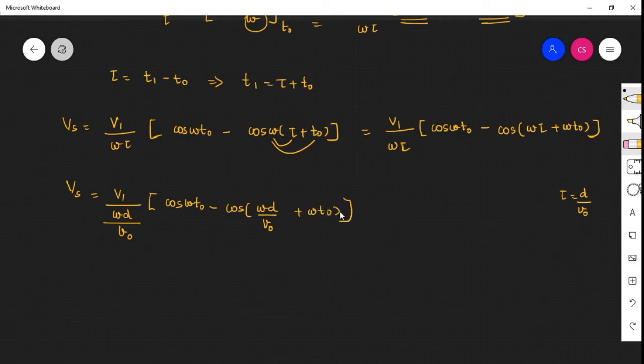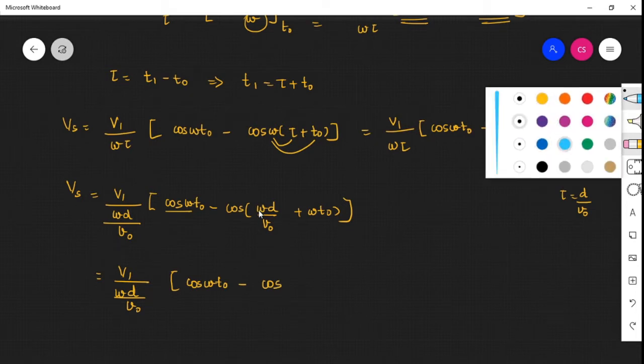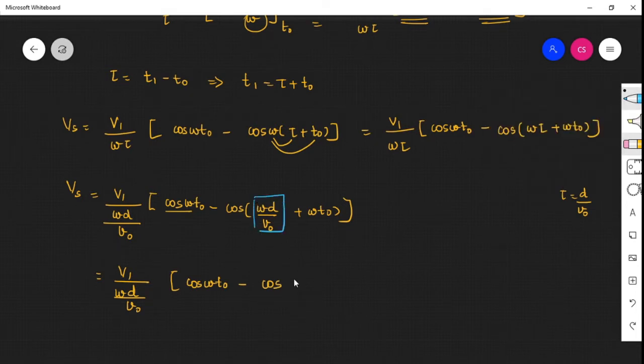Now I'm going to make a basic modification to bring this to the form cos of A minus B minus cos of A plus B. For that, I'm going to write this as V1 into omega d by V naught. This first term for now I'll retain as such. So it is cos of omega T naught minus cos of, I'm going to write this term omega d by V naught as omega d by 2 V naught plus omega d by 2 V naught.